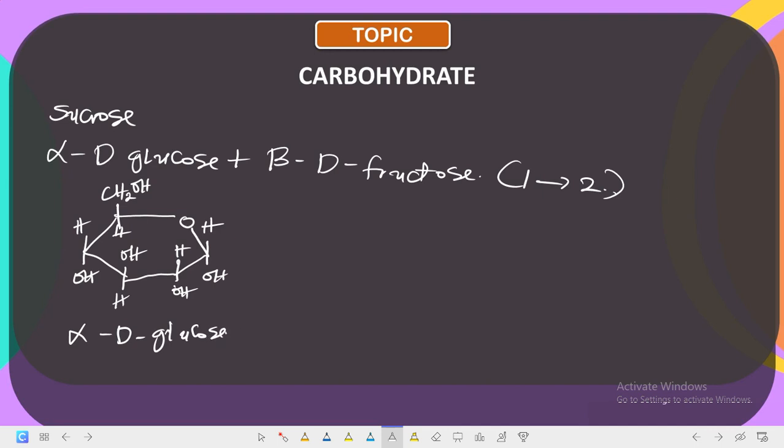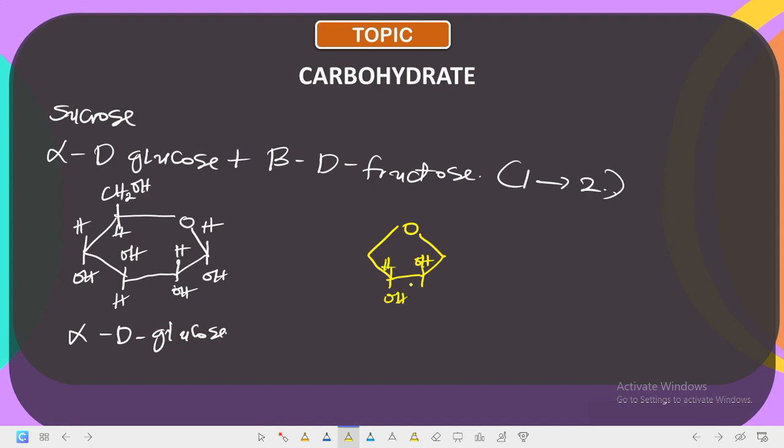The structure of fructose is a furanose structure. Furanose is something like this. A 5-carbon ring. You have it like this. Then here you have OH, and then here you have OH.